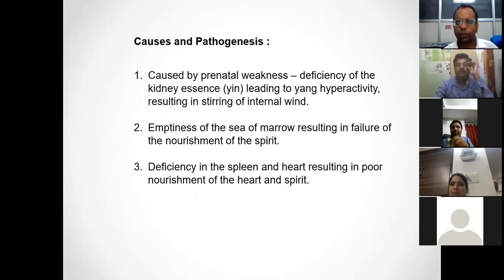So it is caused by prenatal weakness, deficiency of kidney essence, leading to Yang hyperactivity resulting in stirring of internal wind. Generally, whenever there is kidney essence, there is zinc. But whenever the energy of the kidney is down, it leads to Yang hyperactivity.